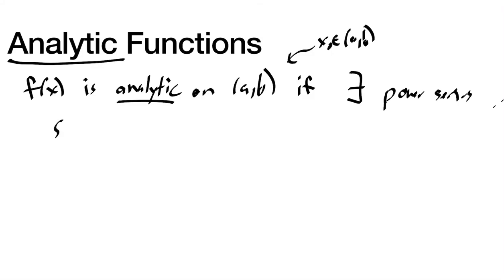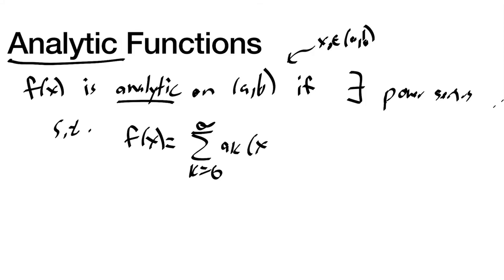If there exists a power series such that f of x equals the sum as k goes from 0 to infinity of a_k times (x minus x naught) to the k on some interval. Okay.